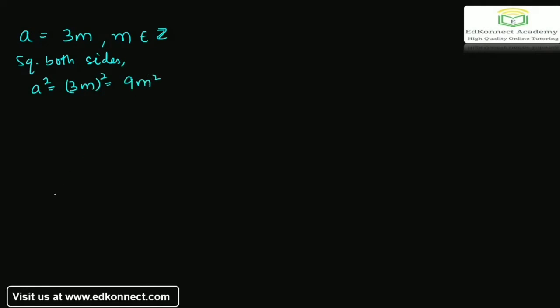Now if 3 divides a, then a can be written as 3m, where m is an integer. So from here again, squaring both sides, we get a square is equal to 3m whole square, which is equal to 9m square.